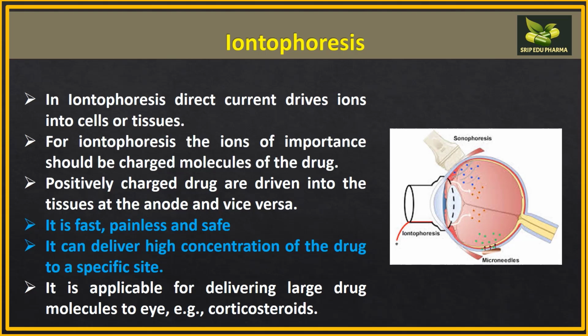And when we see iontophoresis, it overcomes the drawbacks like blurred vision, irritation, poor ocular bioavailability, patient discomfort, and the limit of low drug dosing, as were the problems in the case of conventional drug delivery. The ocular iontophoresis delivery is very fast, painless, and safe, and it can also deliver a high concentration of the drug to a specific site. And when we see the applicability, it delivers large drug molecules to the eye like corticosteroid.